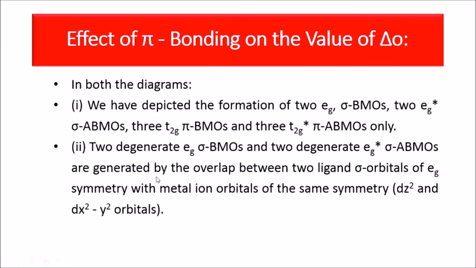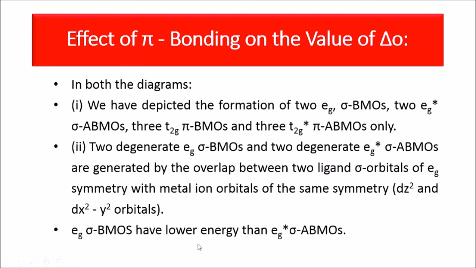So this interaction is a sigma donation interaction. Clearly it is mentioned that sigma BMOs and sigma star ABMOs are generated by the overlapping of two ligand sigma orbitals of Eg symmetry with the metal ion having the same Eg symmetry, that is dz square and dx square minus y square.